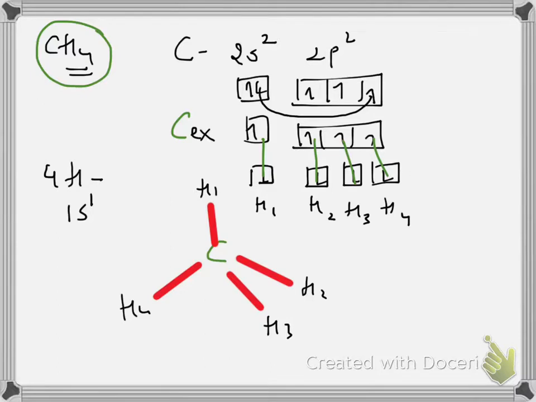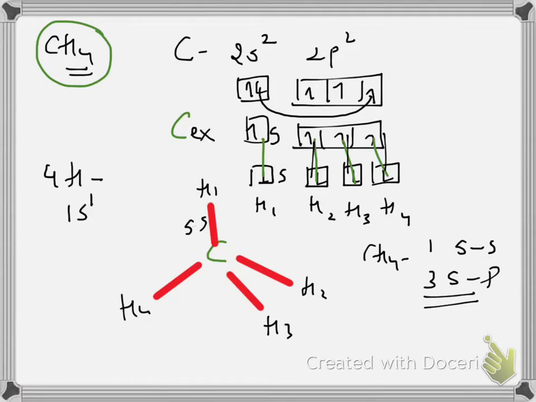What problem? If we consider the nature of sigma bonds formed in methane, the first bond is formed between s and s, s of carbon and s of hydrogen. That is an s-s sigma bond. Second one is s-p. This is also s-p. This is also s-p. So in methane we have 1 s-s sigma and 3 s-p sigma bonds. But this was not the condition in ammonia.